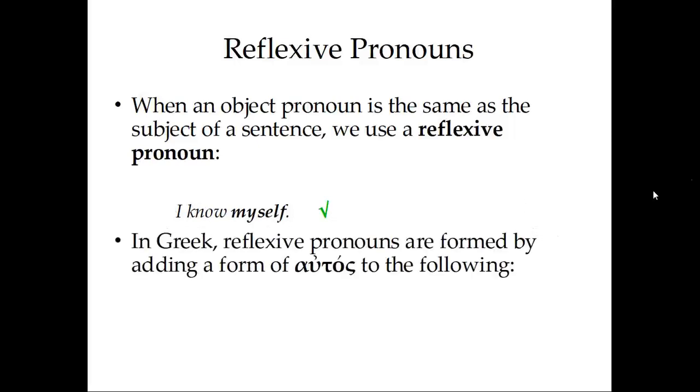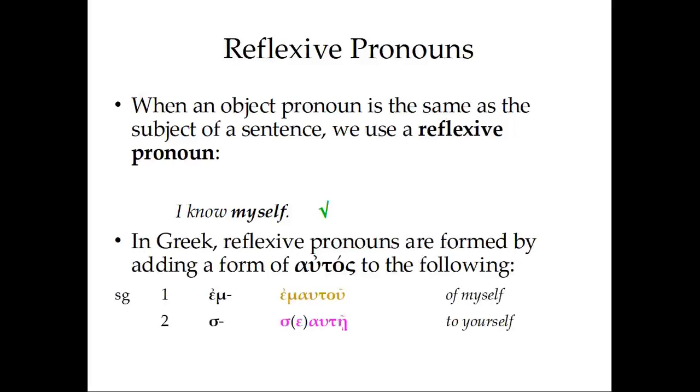So in Greek, we also have reflexive pronouns, and they are formed pretty simply. In English, we form them with the form of the possessive adjective: my, your, his. Actually, it's himself, isn't it? Never mind. In Greek, reflexive pronouns are formed by adding a form of autos to the following. We're just going to look at singular forms right here.